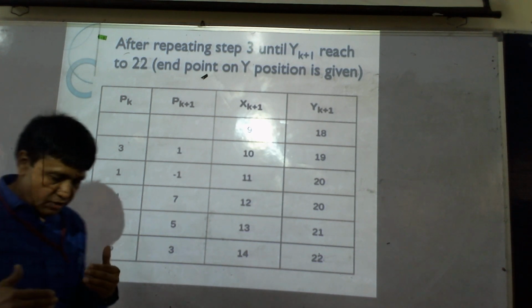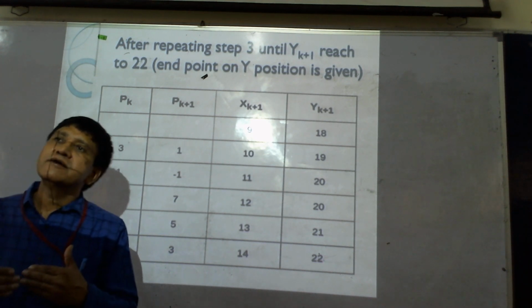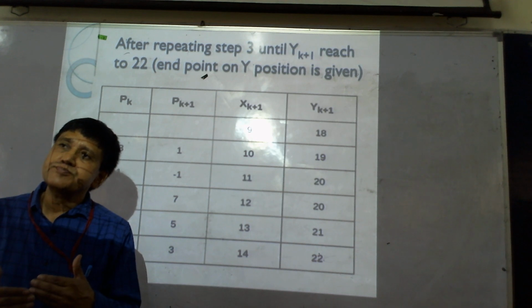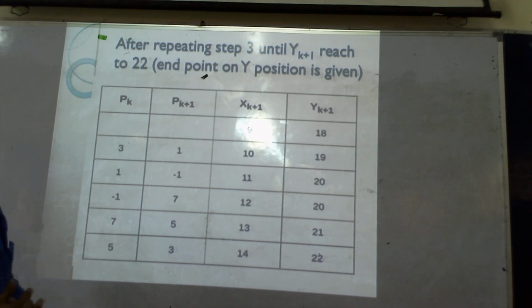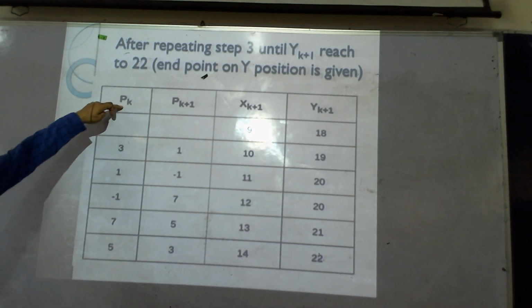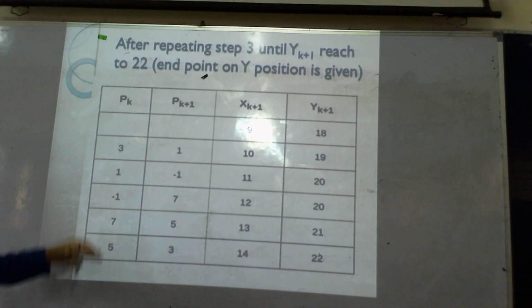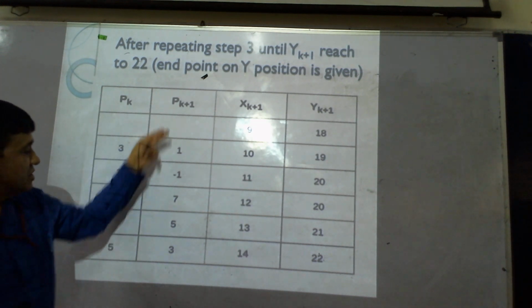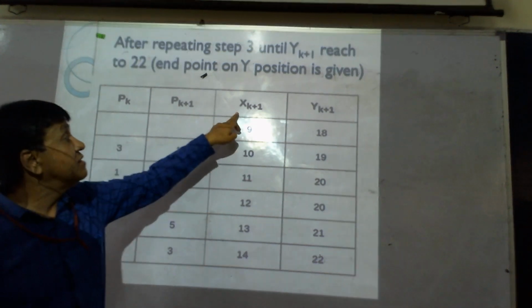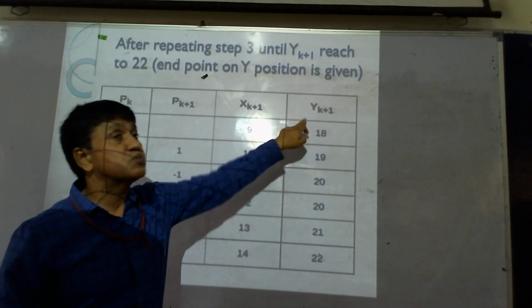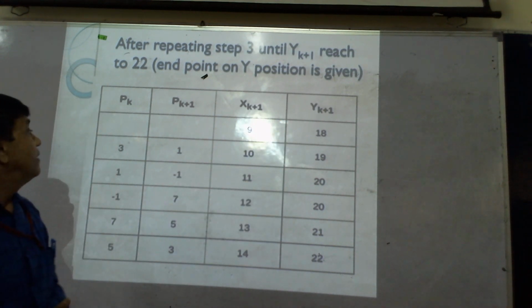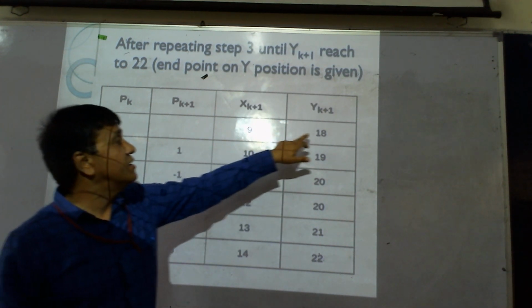So, following this, repeat step 3 until we reach the end point. See, the different calculated values of pk are given here and pk plus 1 are given here, and xk plus 1 and yk plus 1 are the intermediate coordinates. This is 9 and 18 are given.